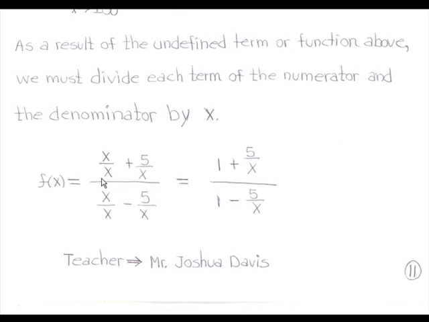As we simplify these expressions, we now have 1 plus 5 over x in the numerator, and 1 minus 5 over x in the denominator.